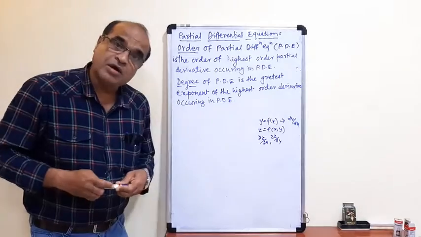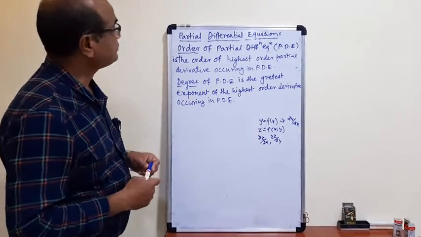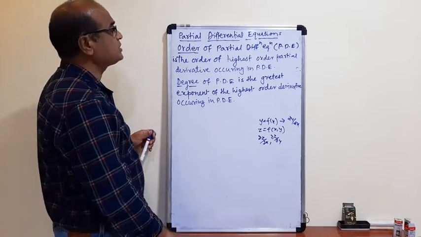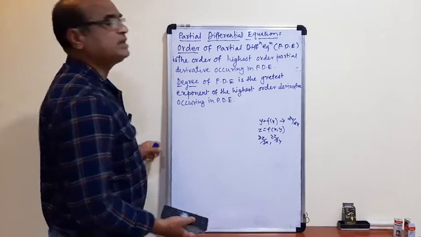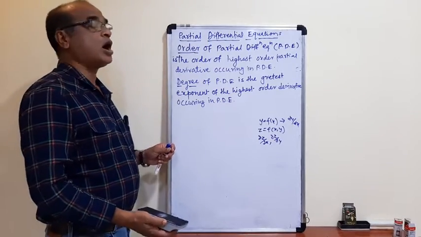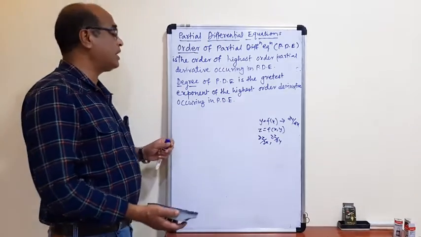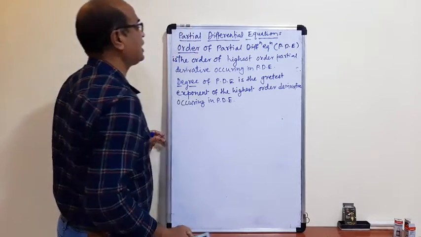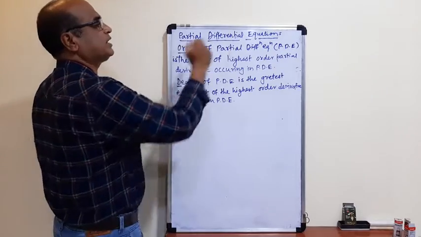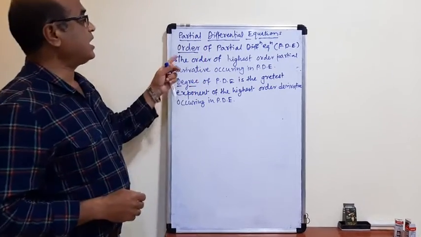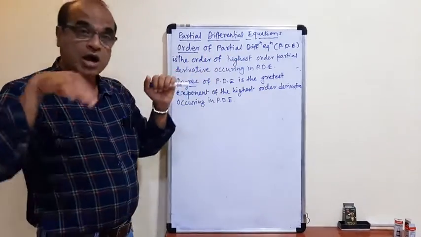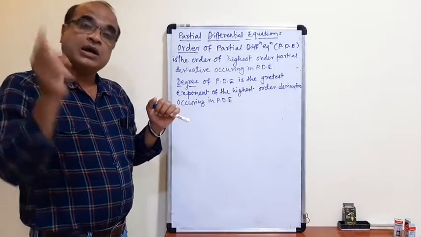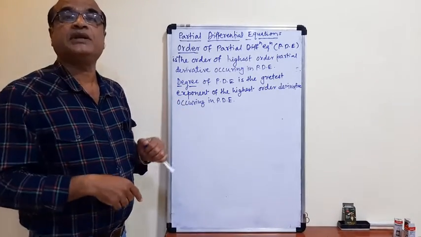So what is the order of the partial differential equation? The order of the partial differential equation is the order of the highest order partial derivative occurring in the partial differential equation.